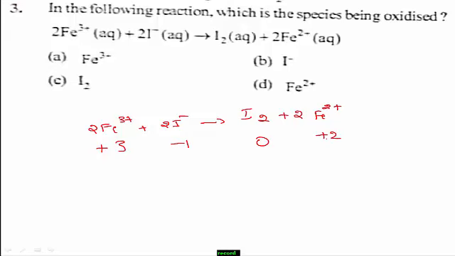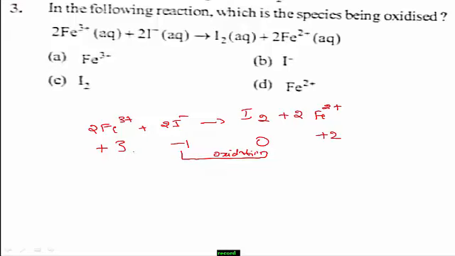Students, here I- is oxidized because its oxidation number changes from negative to positive. Therefore, it undergoes oxidation: -1 changes to 0. I- changing to I2 means oxidation takes place.